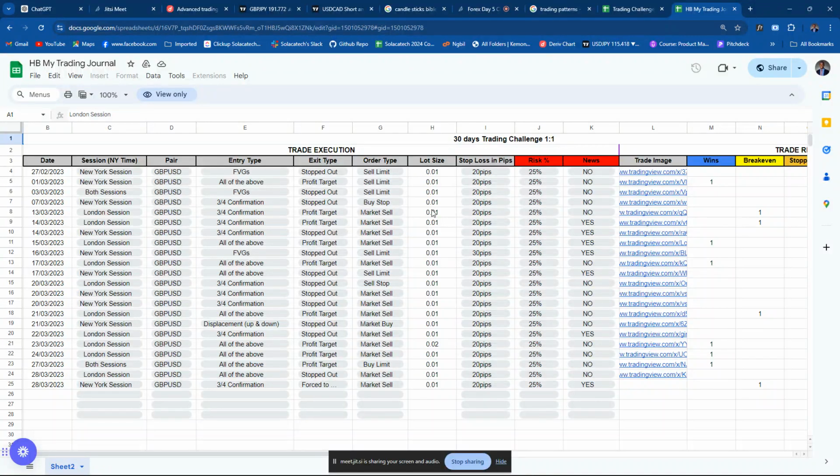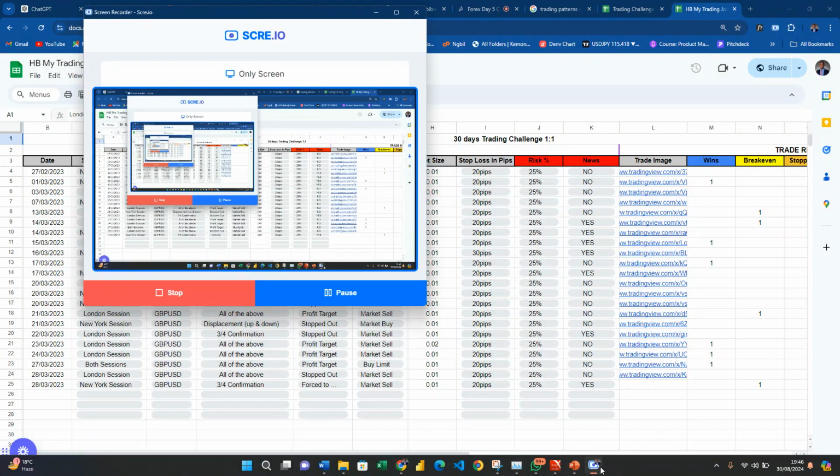The lot size I use, the stop in pips, you see how professional it looks. The risks I'm taking, the news. This was for a prop firm. I passed it. The prop firm messed with me one time. They shut down, and when I was supposed to withdraw my money, I used the effort on live trading. Let me end this session before I start saying things.